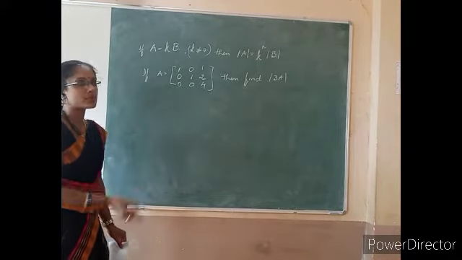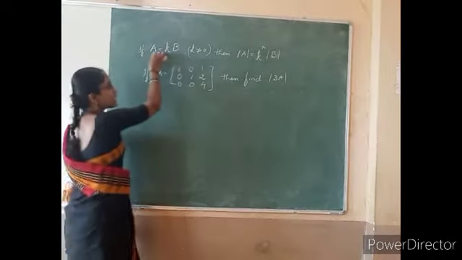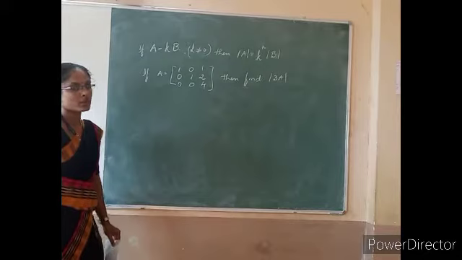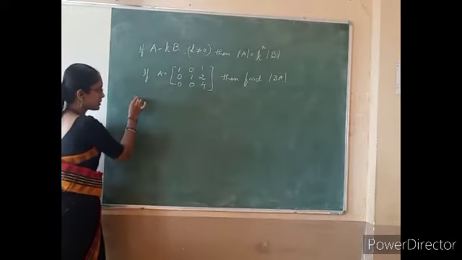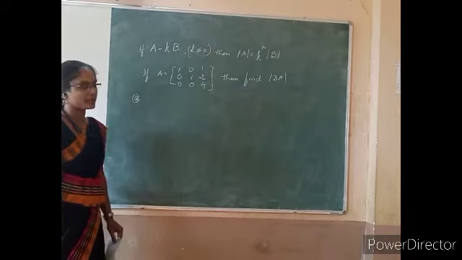There are two methods to find the determinant of 3 into A. One is using this formula, another is the usual method. I'll do all the steps, both methods here.